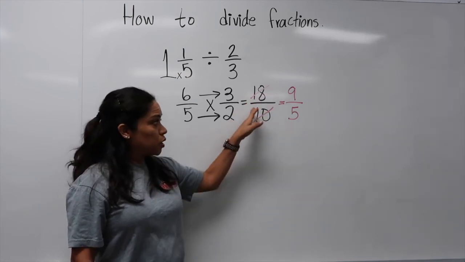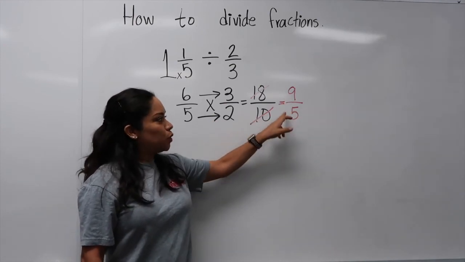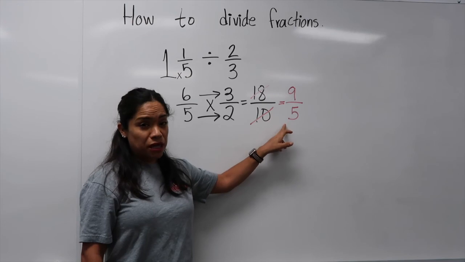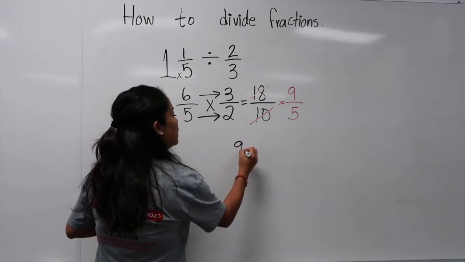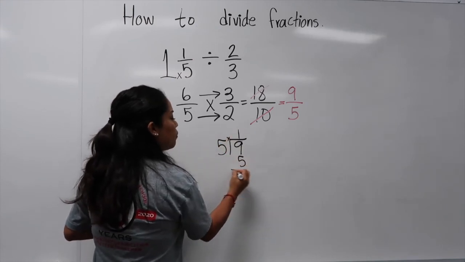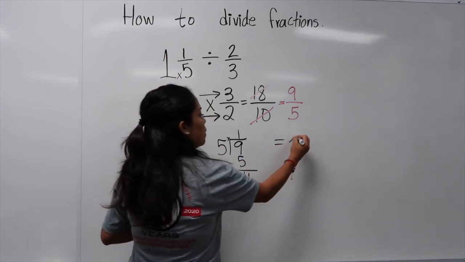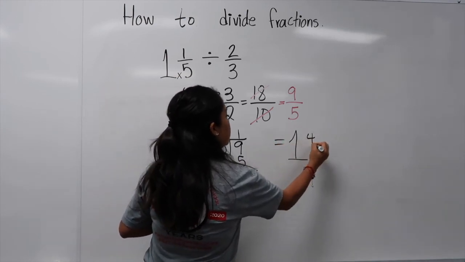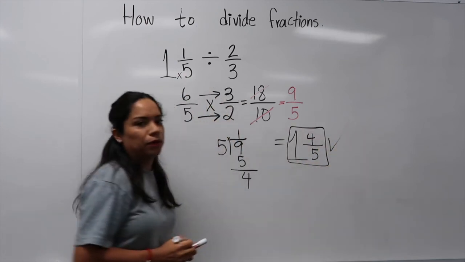Or you can just divide by 2 if you see that factor. And then once you're here, you can divide the numerator by the denominator just to get the simplest form. 9 divided by 5. 5 times 1 is 5, remainder 4. So our final answer will be 1 and 4/5.